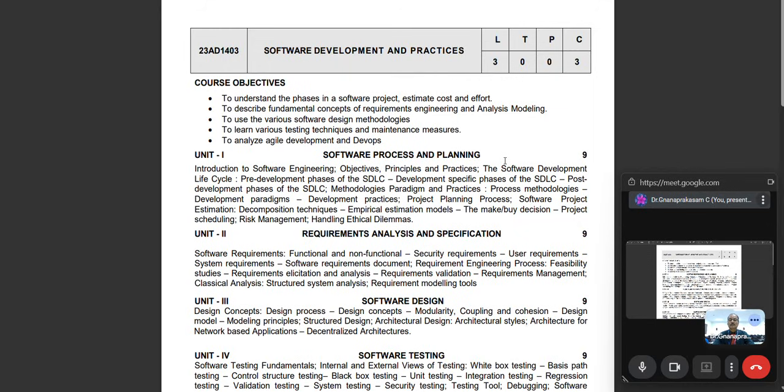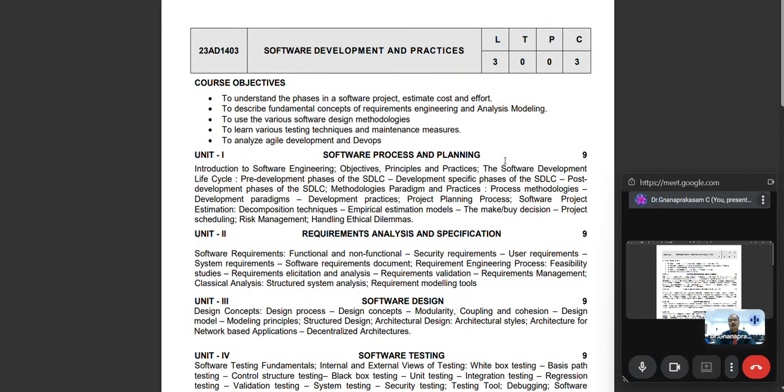And the third objective: to use various software design methodologies. Once you design the requirements you have to implement, first of all there should be a design concept behind them.